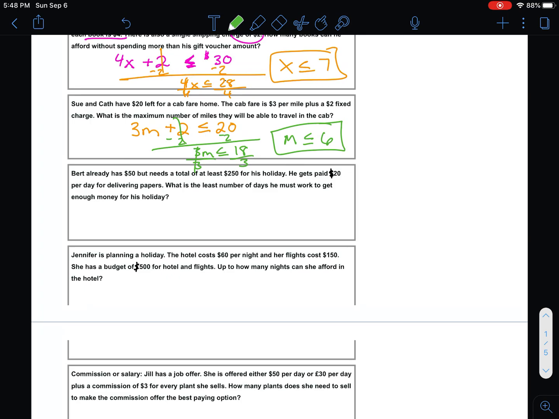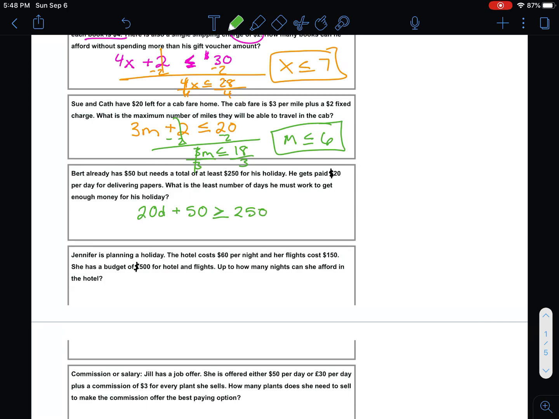All right. Our next problem says Bert already has $50 but needs a total of at least $250 for his holiday. He gets paid $20 per day for delivering papers. What is the least number of days he will have to work in order to earn enough money? So we know he gets $20 per day delivering newspapers, plus he already has $50. He has to have at least 250, so equal to that amount, but it doesn't matter if he goes over.